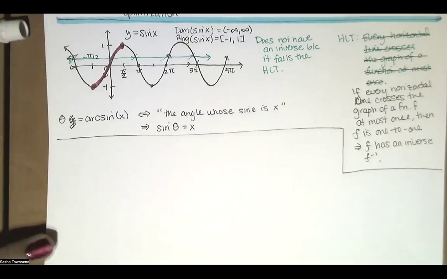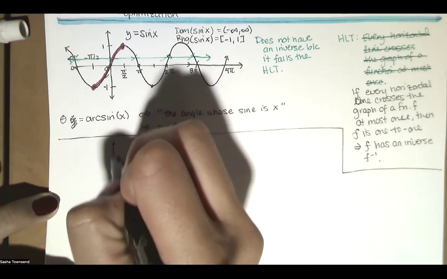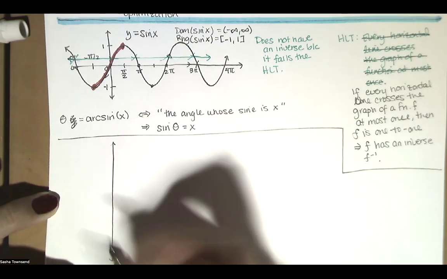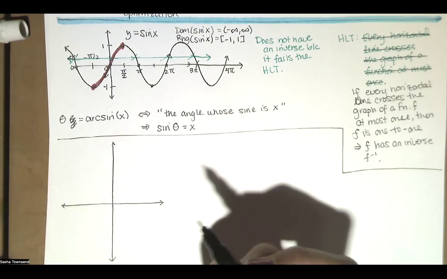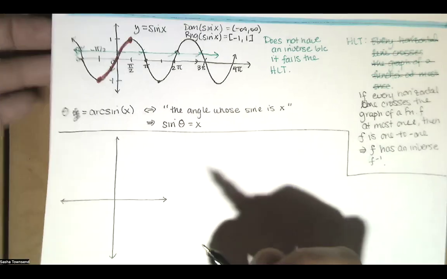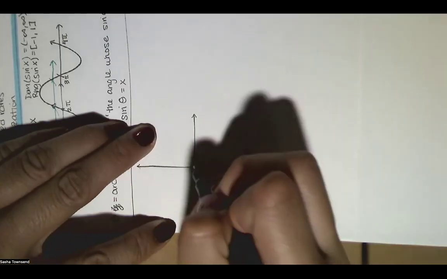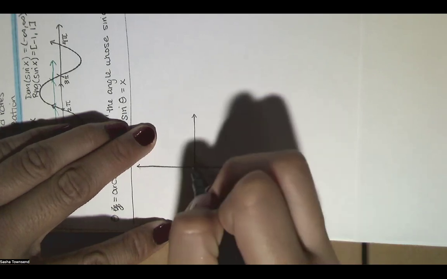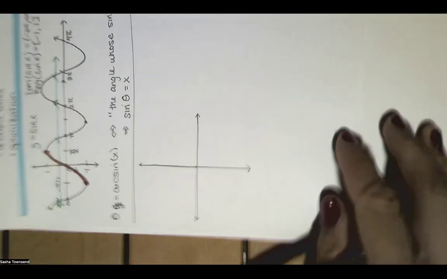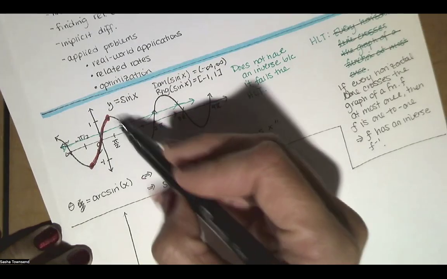So let's graph the arcsine function. Now, if I just switched the roles of x and y, it's almost like drawing the sine function on its side. So almost like take my paper, draw it this way, and then instead of drawing the sine function going to the right, I draw my sine function going to the left. Now remember how the sine starts.